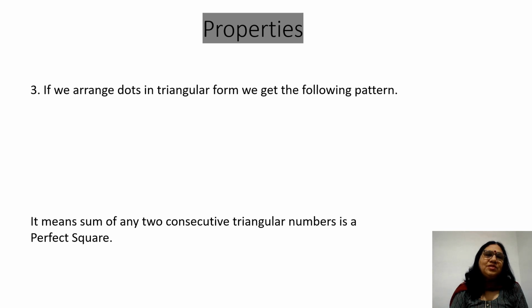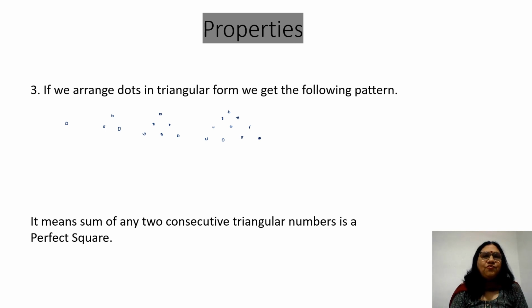Triangular form means, say this is one dot, then in triangular form I make 3 dots, then the next pattern has 1, 2, 3, 4.